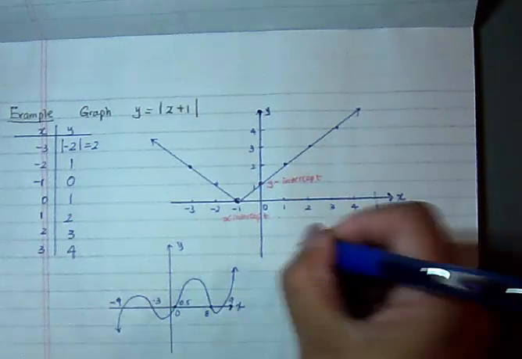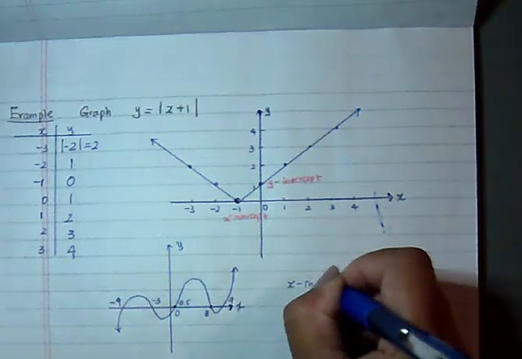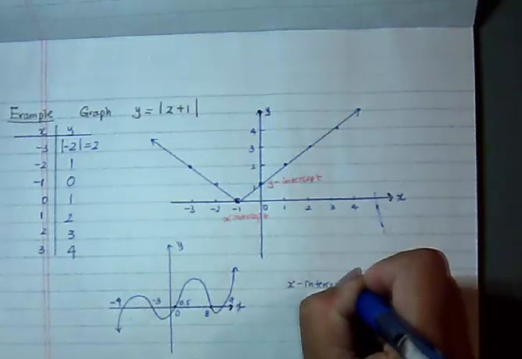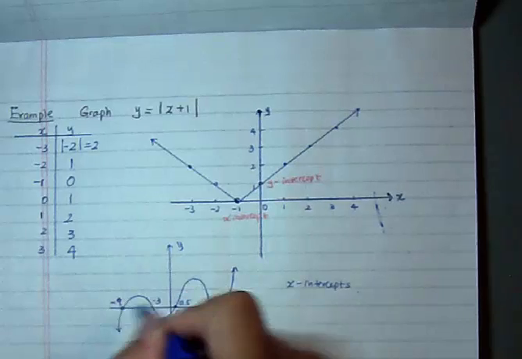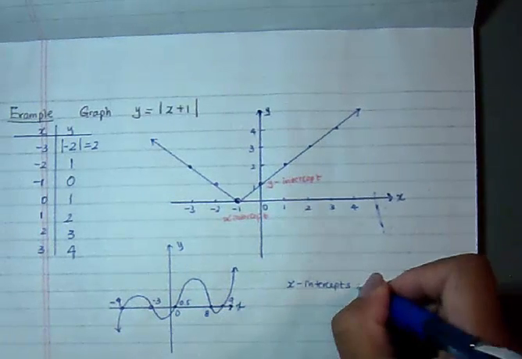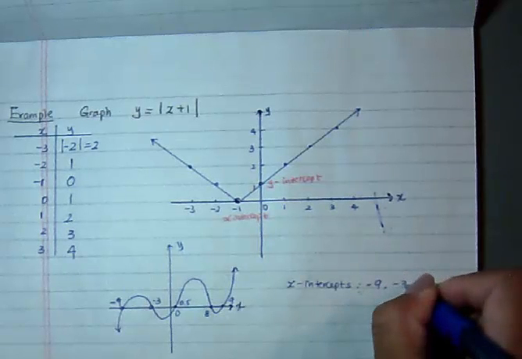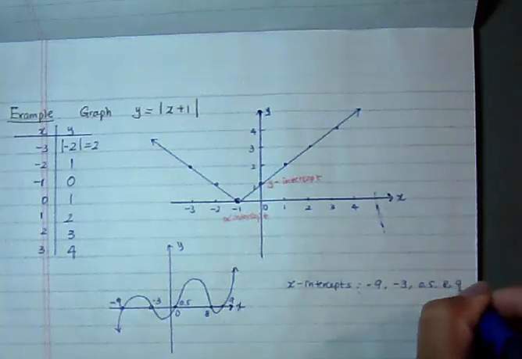So you can see that in this case, the x-intercepts, well, I should put x-intercepts, because we have several. We have 1, 2, 3, 4, 5, right? So the x-intercepts are -9, -3, 0.5, 8, and 9.